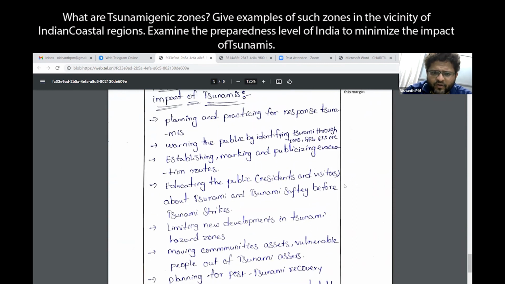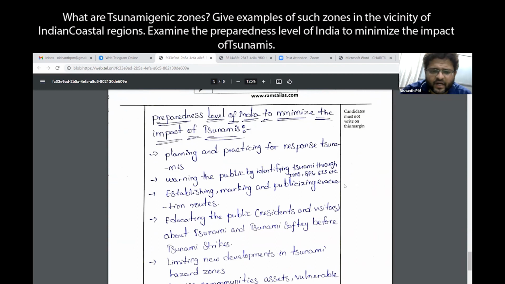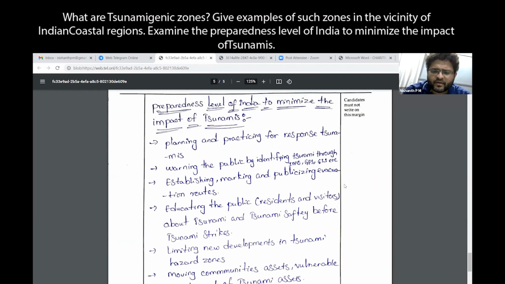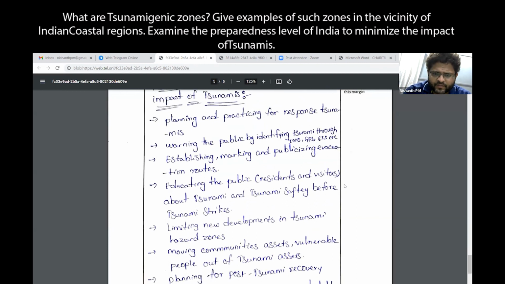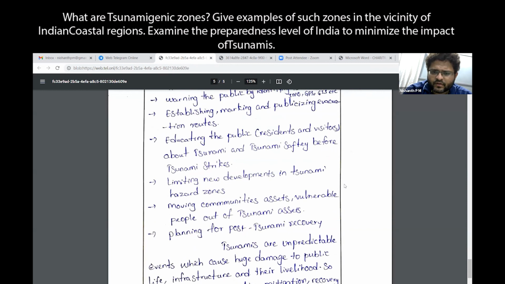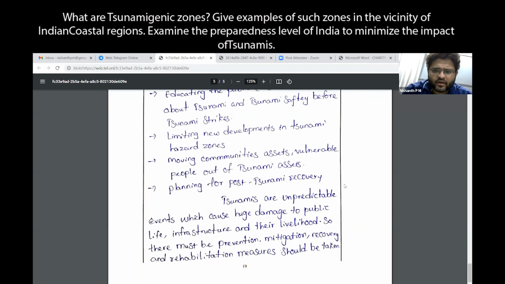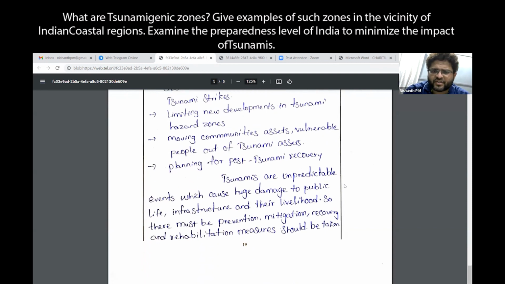You have to write about the bodies which are actually tracking tsunami, and the international protocol, the Indian Coast Guard role, the role of local administration.